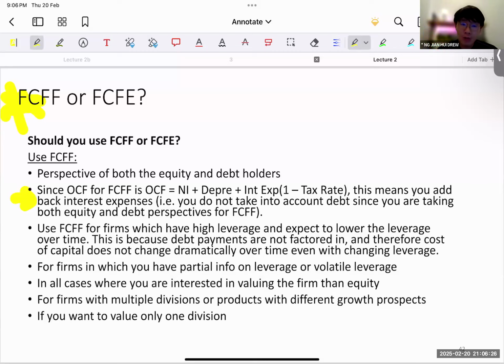And maybe you ask, why do we want to consider FCFF? That's because maybe there is a change in leverage for the firm. So we want to look at it from a firm perspective, right? The cash flow for the firm. Because of a change in leverage, you want to make sure that you do not consider the leverage component, which is largely the interest payments, in your cash flow.